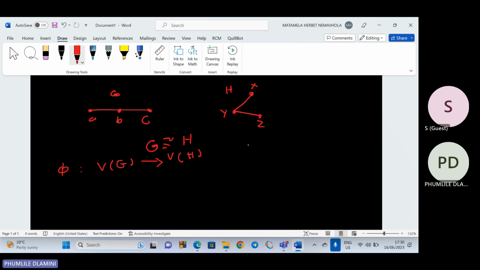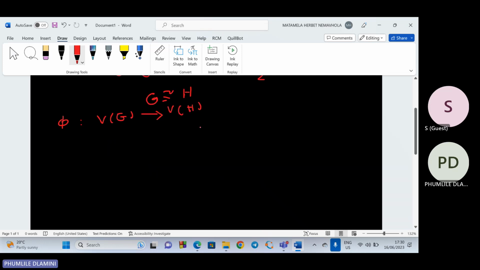So mathematically, to prove that these two graphs are isomorphic, you are going to prove that V of G, which is the vertex set, corresponds with the vertex set of H. And when we do that, we also prove that the mapping is injective and surjective.